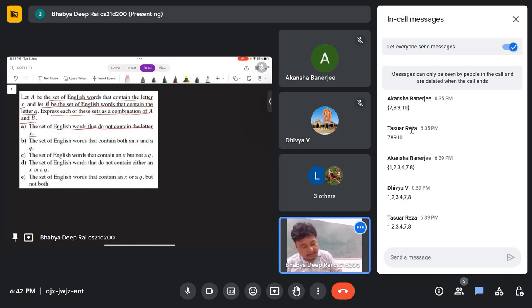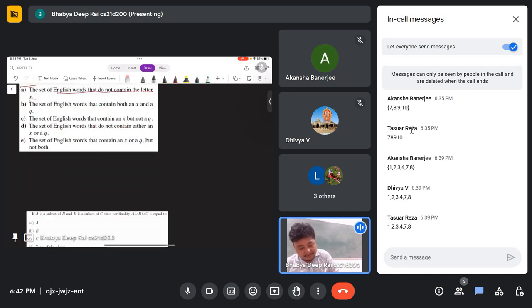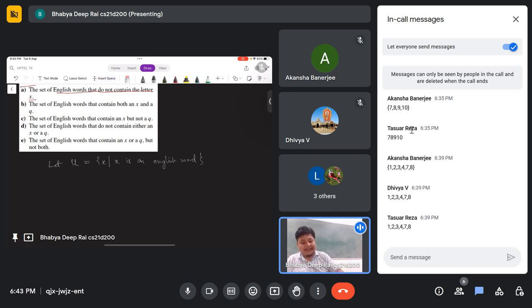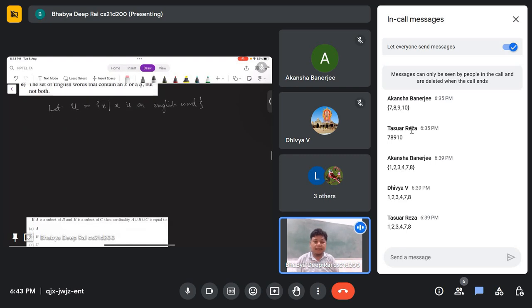So let me specify the universe first. Let the universal set U be the set of x such that x is an English word. So the universe, in other words, is just the set of all English words in the world, something like an English dictionary.